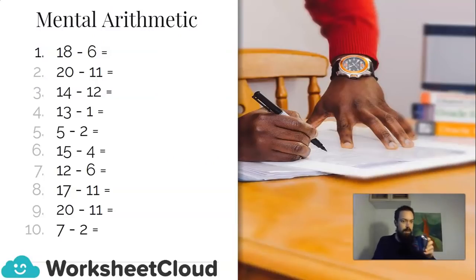Subtraction, not plus. Halfway. And that's time.